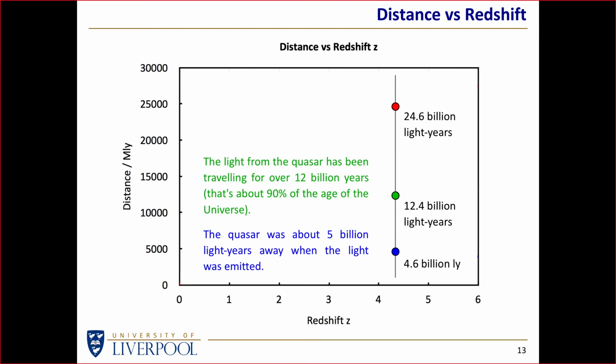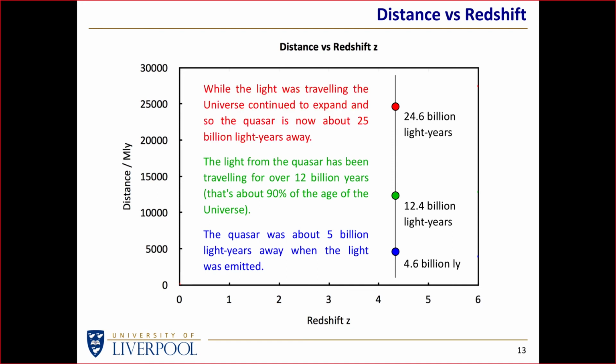The universe was only 10% of its current age when the light left. And because the universe has been expanding all the time that that light has been travelling to us, the quasar is now substantially further away. It's now about 25 billion light years away.